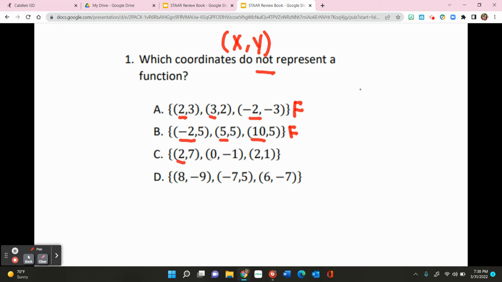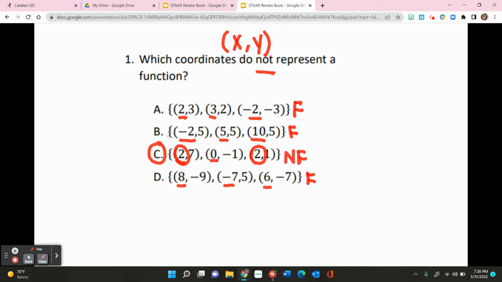Then for C, I have 2, 0, and 2. Here I see that my 2's repeat, so this is not a function. Lastly, looking at D, I have 8, -7, and 6 for my x values. They do not repeat, so this is a function as well. The only set of coordinates that is not a function is answer choice C.